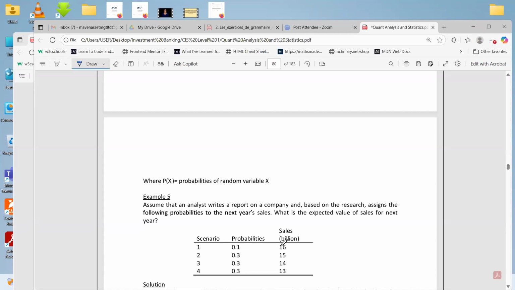I'm going to do this in 2 ways. Okay, so let's go. Quickly, I'm going to be writing. I need you to input this into your calculator. So we go 0.1 times 16 billion plus 0.3 times 15 billion, 0.3 times 14 billion plus another 0.3 times 13 billion. Input this and tell me what your final answer is quickly.